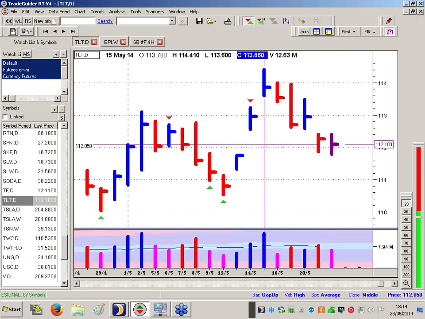There's obviously supply there, look, on that bar. You've got a gapped up bar. There's probably no demand or something. There's supply there. It's gapped up. There is very high supply there. That's why it's come off, look. That would be a no demand bar.